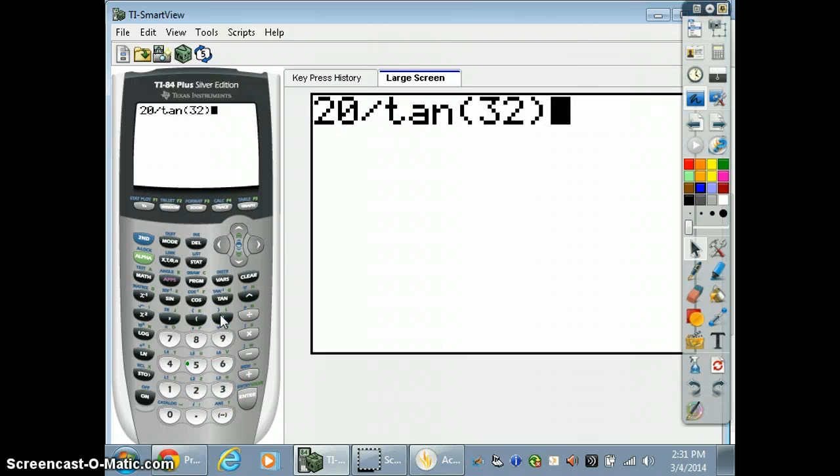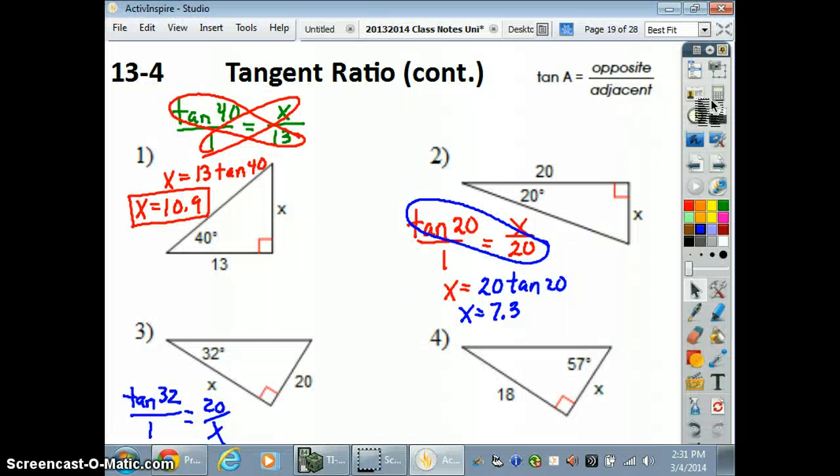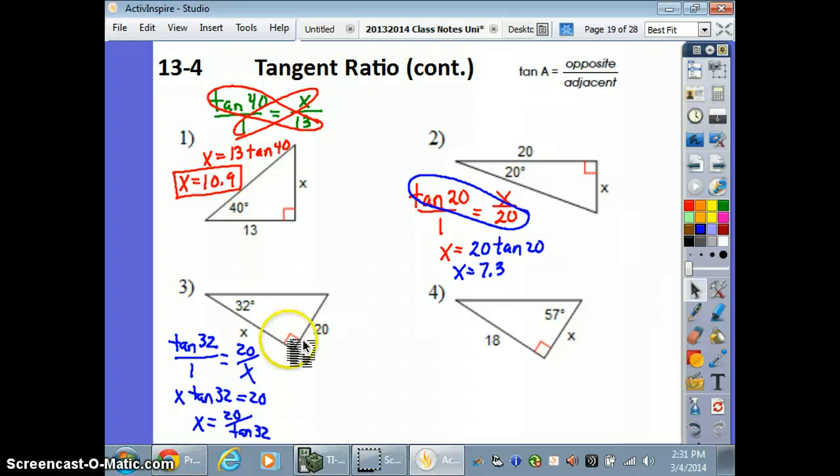I'll even close the parentheses, and we get 32. That's kind of weird. So that side length was 32. X is 32. That makes sense. If that's 20, that does look like 32.